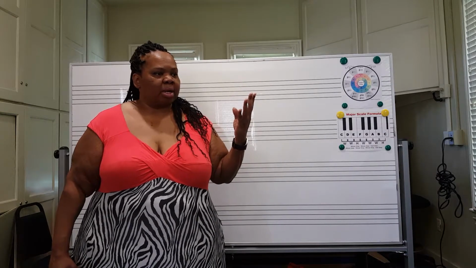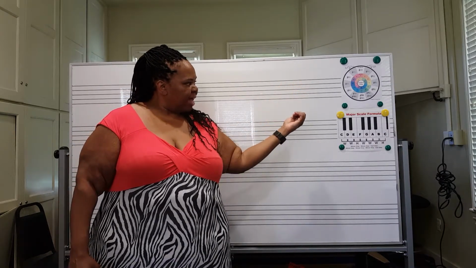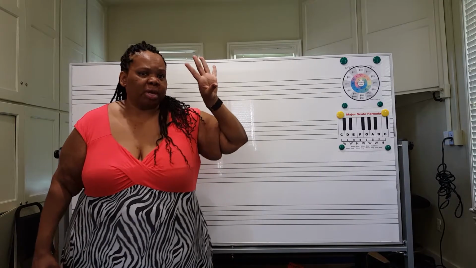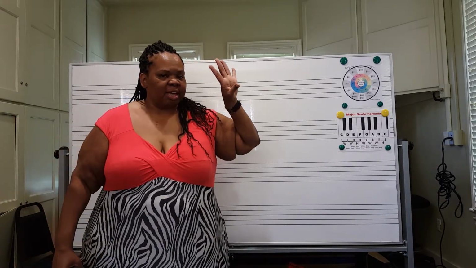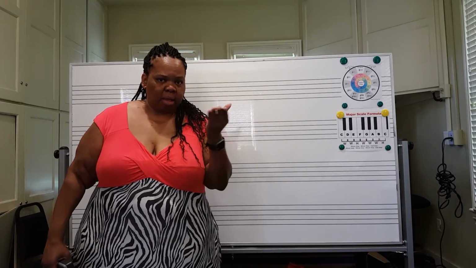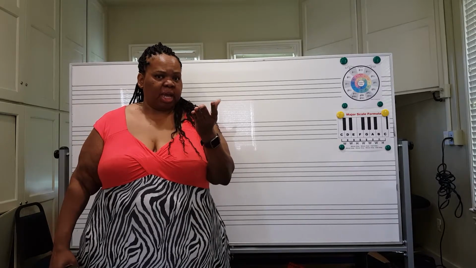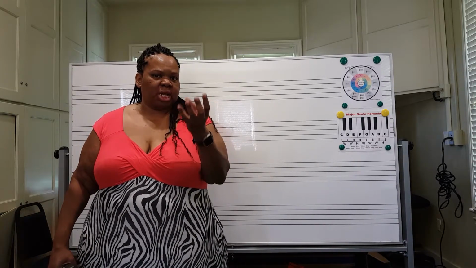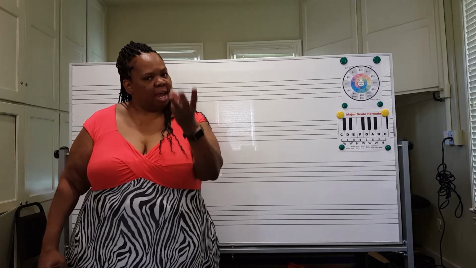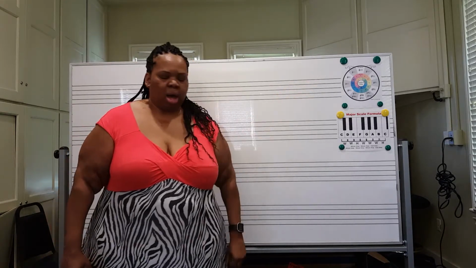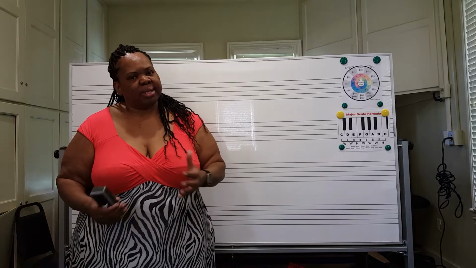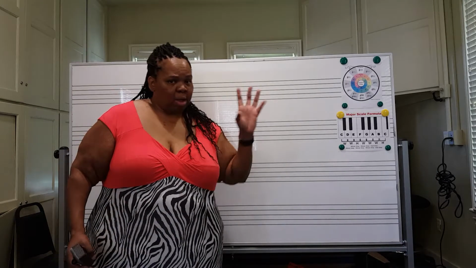And therefore I build from that point on. So going down to the flats, go to the 4th scale degree, which in this case is E flat, build my scale. The 4th scale degree of my new key, E flat, F, G, now becomes A flat. And A flat is now placed on my staff as the next flat.